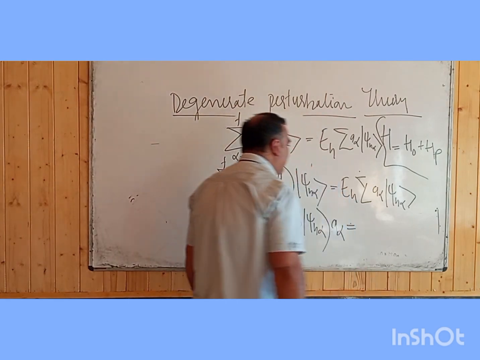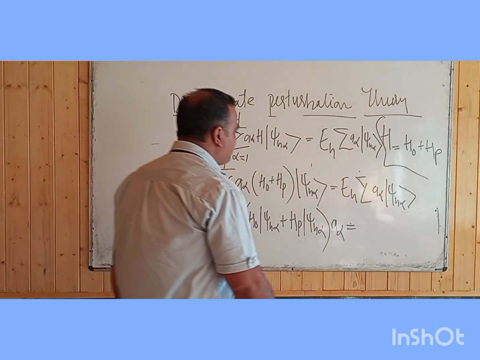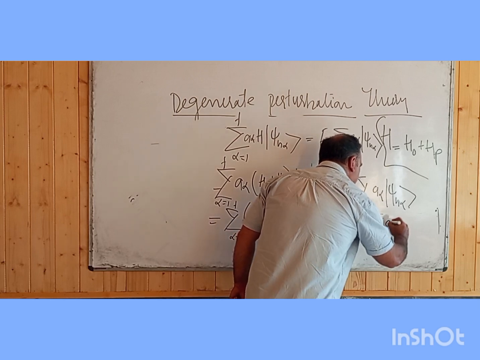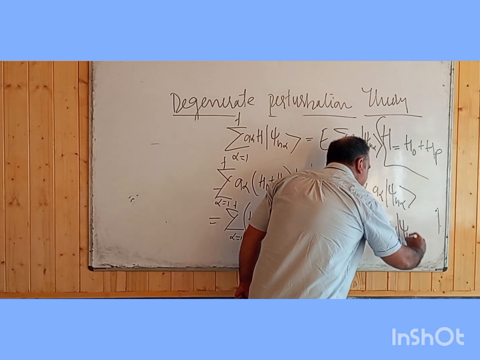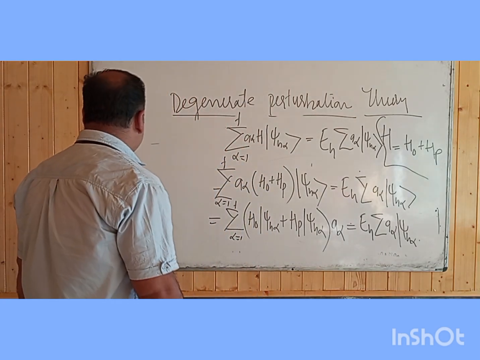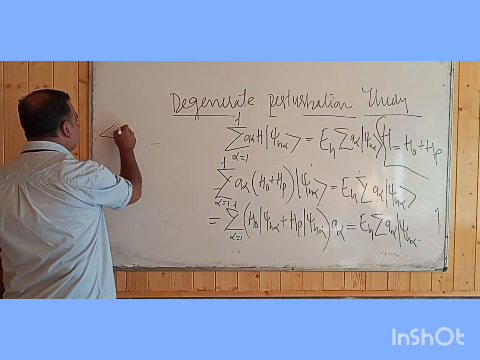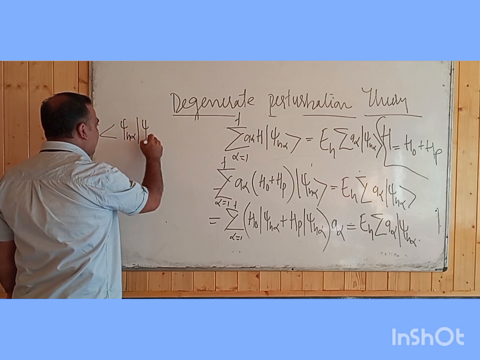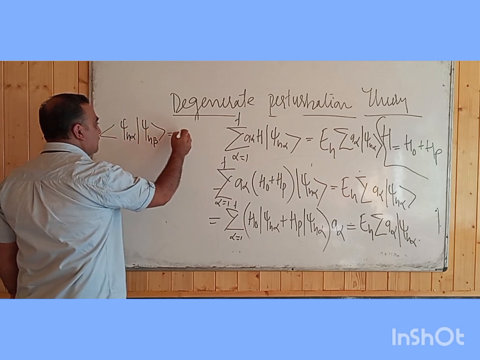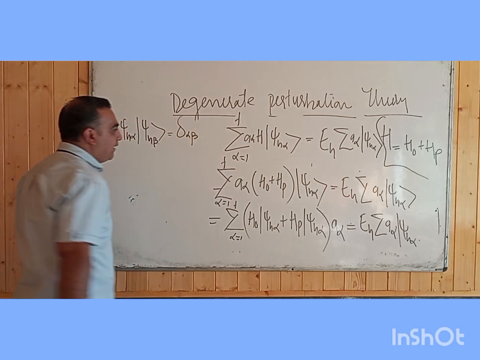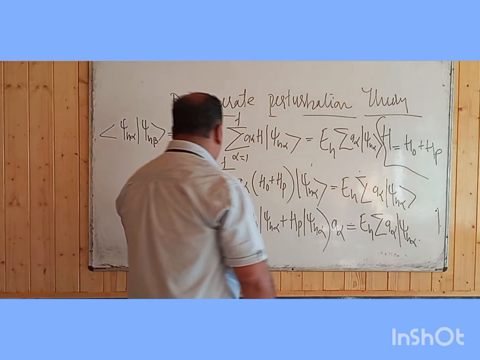This is equal to En times the sum of A alpha psi n of alpha. And as you know, we have defined the inner product of psi n of alpha and psi n of beta equal to the Kronecker delta alpha beta. Now this is my equation.